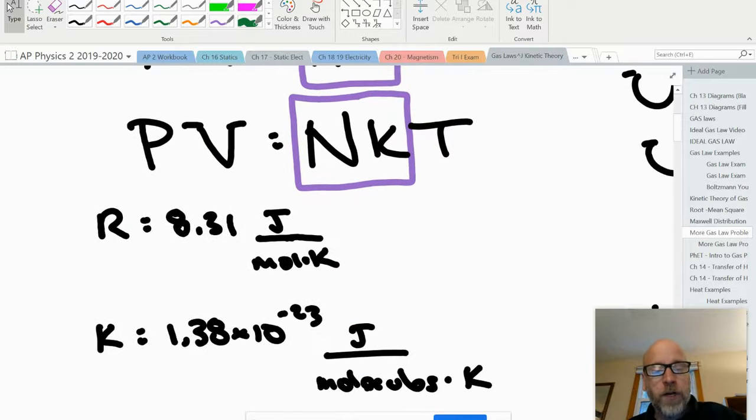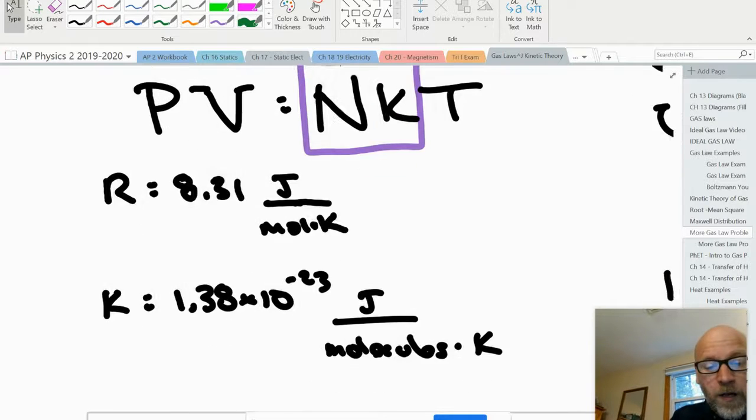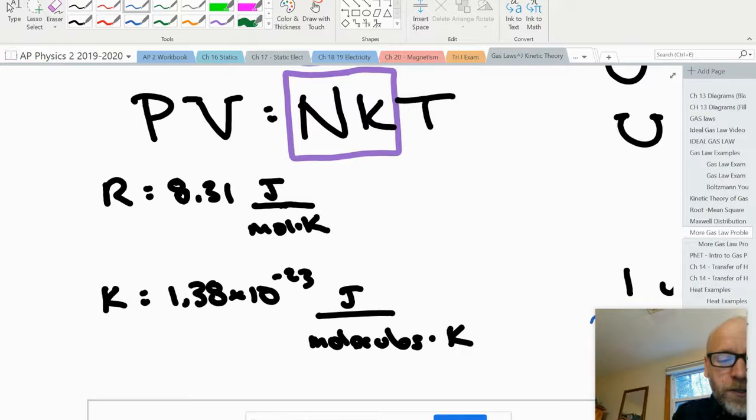These are two numbers given on the AP constant sheet. They'd be given in any assessment, but you're going to memorize them anyways because that's the way you guys are. R is 8.31 joules per mole Kelvin, and k is 1.38 times 10 to the minus 23. This is known as Boltzmann's constant.